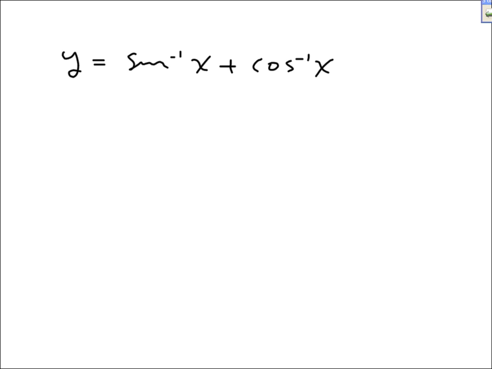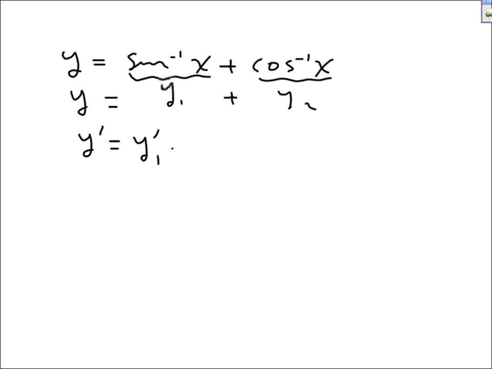Well, you could, for example, call this y1 and call this y2. So y equals y1 plus y2, then the derivative of y will be the derivative of y1 plus the derivative of y2.